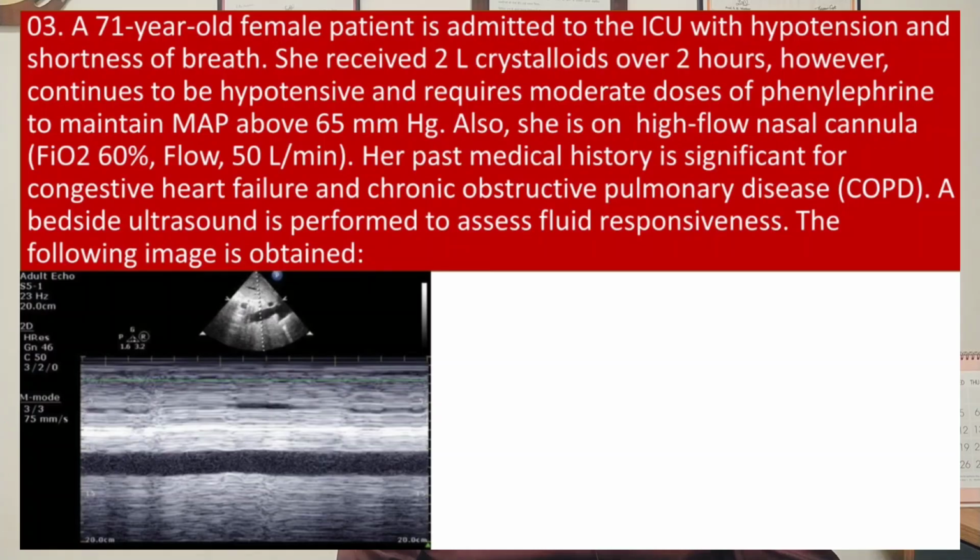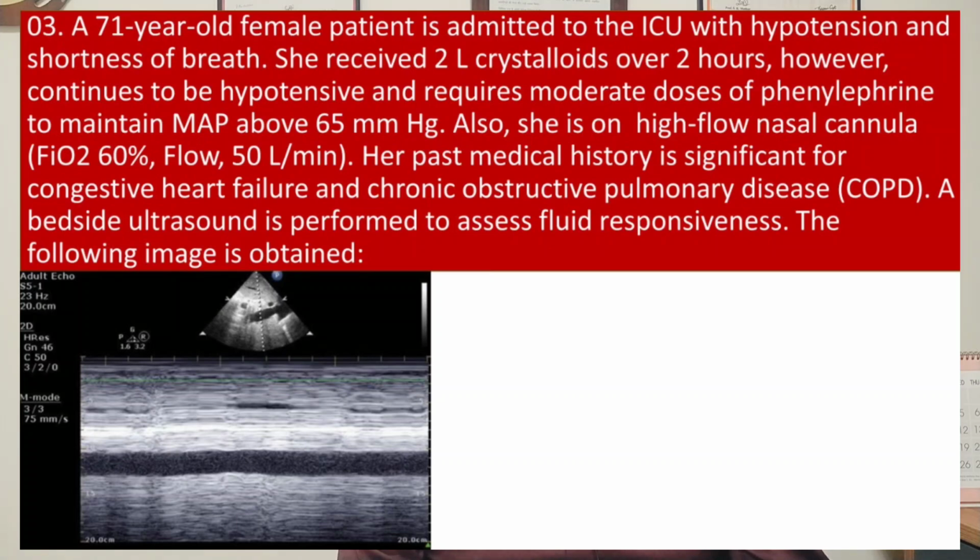Now, we will move on to question number 3. A 70-year-old female patient is admitted to the ICU with hypotension and shortness of breath. She received 2 liters of crystalloid over 2 hours. However, she continues to be hypotensive and requires moderate doses of phenylephrine to maintain mean arterial pressure above 65 millimeters of mercury.